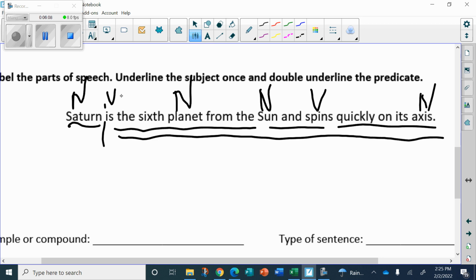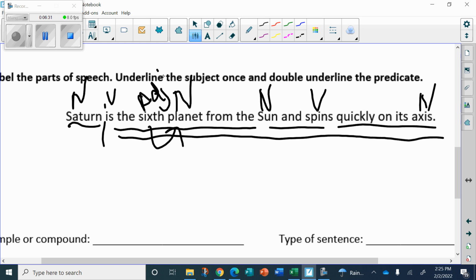Okay, now let's look at our nouns and ask what kind, which one, how many. Well, I see the sixth planet. This is an adjective. Okay, now let's look to our verbs. I see is and spins.